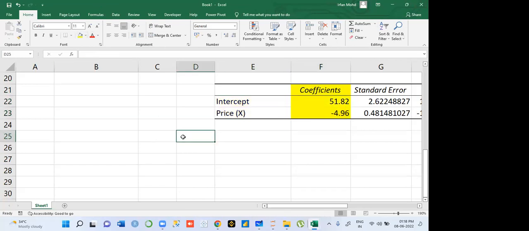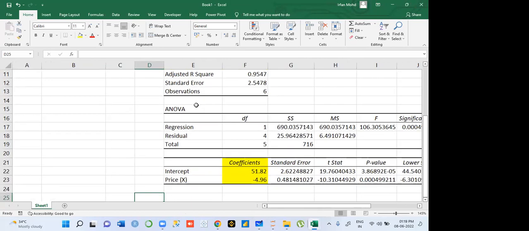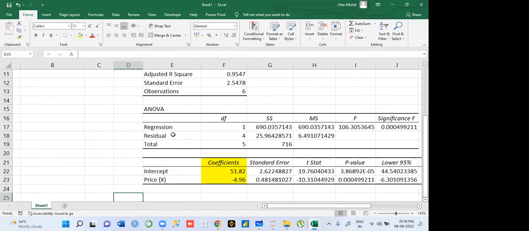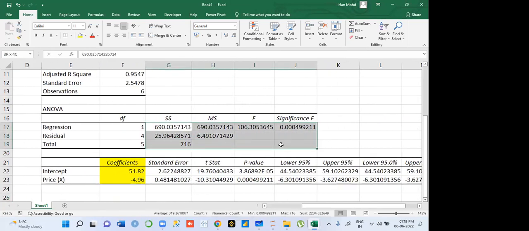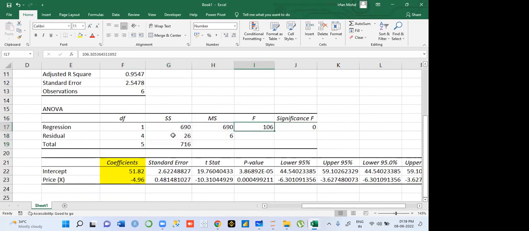Any doubts? The same thing the software gives you, guys. Now if you look at the ANOVA table, cross check the numbers. Close to the same. Exactly matching your calculations.